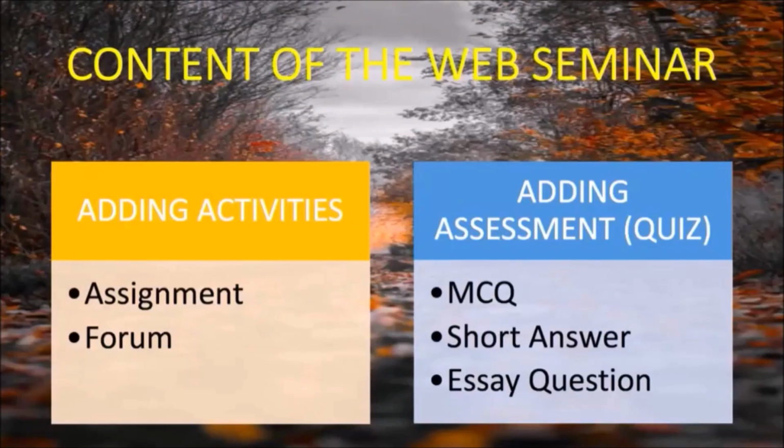And then the second phase is we are going to add an assessment or quiz in your eLearn, where if we have time, we cover all three types of questions: MCQ, short answer, and also essay questions.